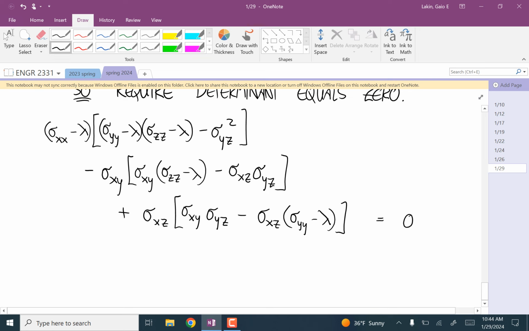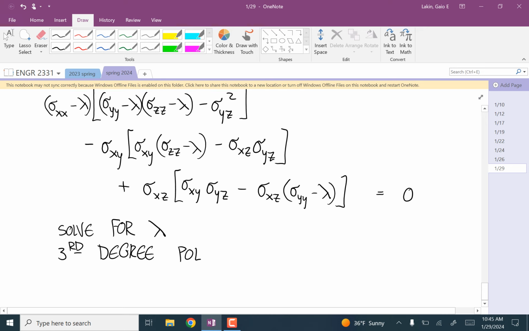And that is, we want to solve this for lambda. And so the question is, what's the degree of this polynomial that we get? Third degree. Yeah, right. So it's a third degree polynomial, so there are always 3 roots.